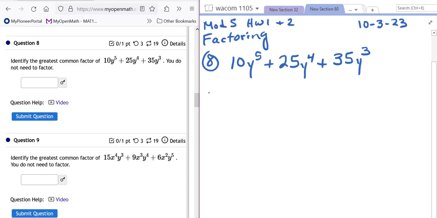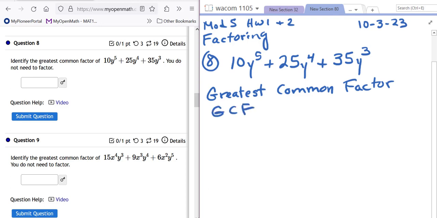So we are looking for the greatest common factor, which from now on we'll call the GCF. So we're not really going to factor this one. And I just do it by categories, do numbers, and then do each variable. So for the numbers, what you want is the biggest thing that is common to everything.